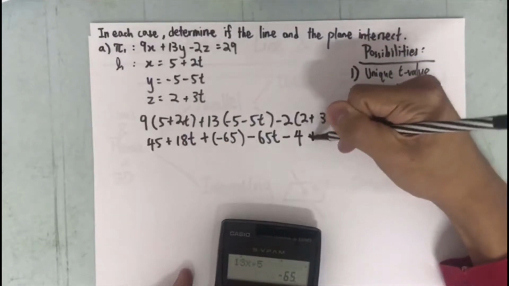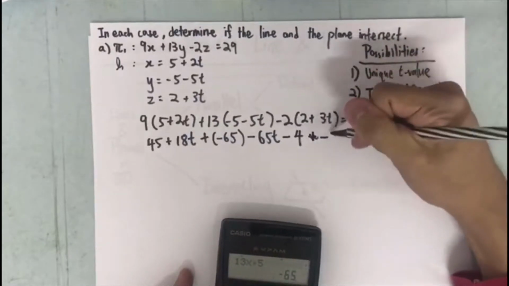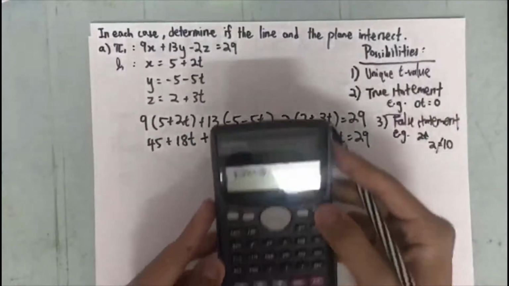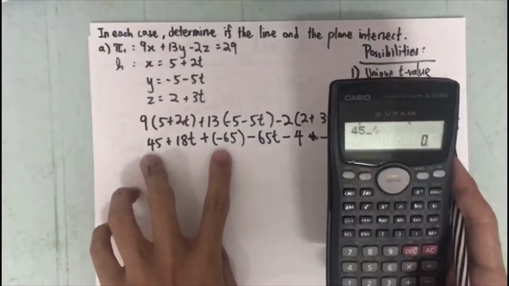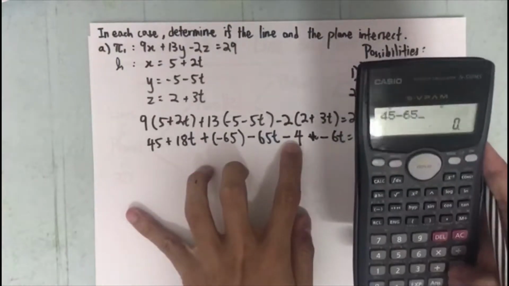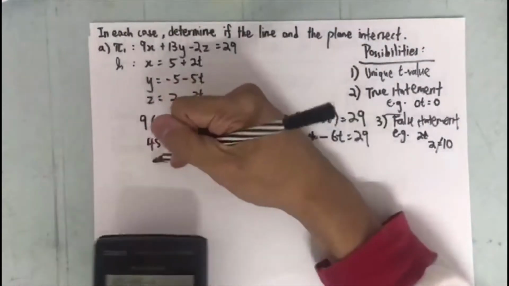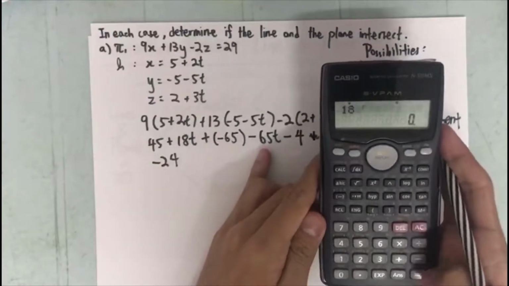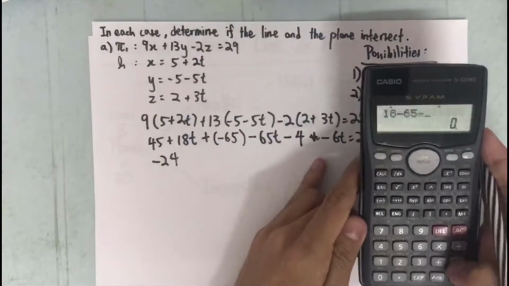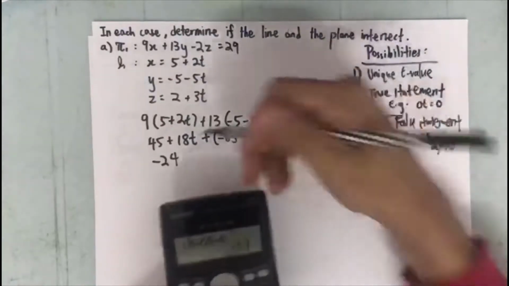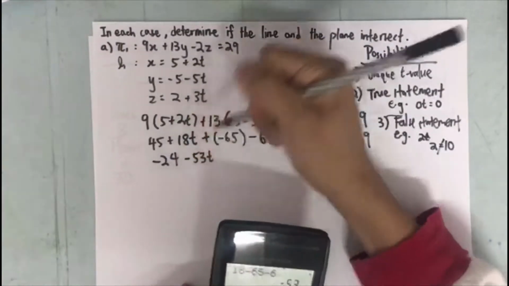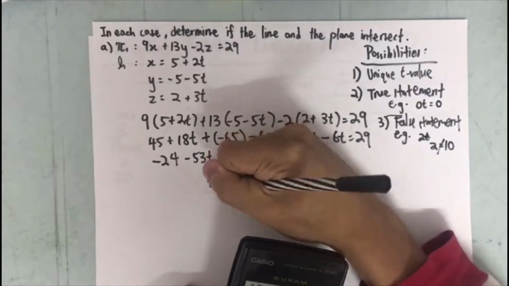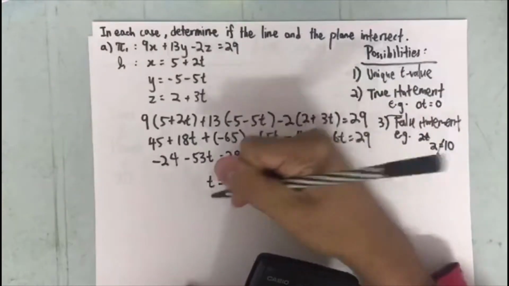Negative 2 times 3t equals negative 6t, equals 29. Then simplify it. 45 minus 65 minus 4 is equal to negative 24. 18t minus 65t minus 6t will be equal to negative 53t, equals 29. And t will be equal to negative 1.